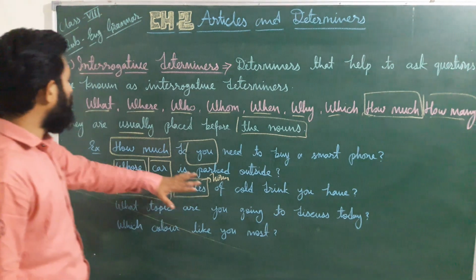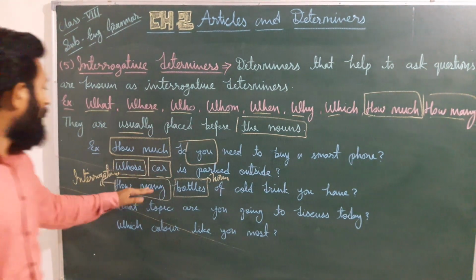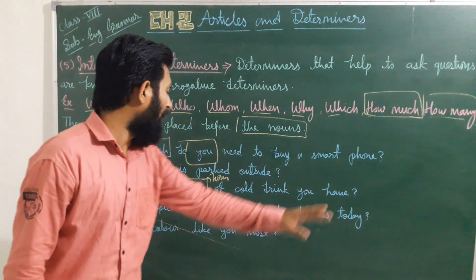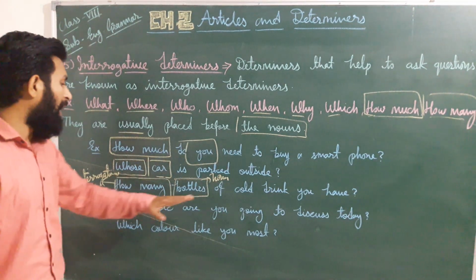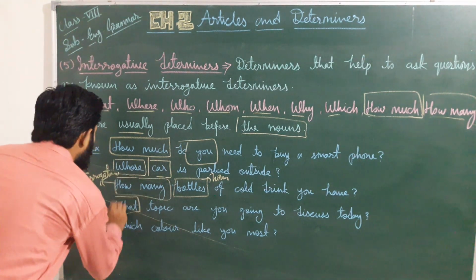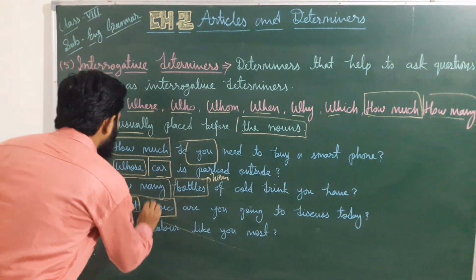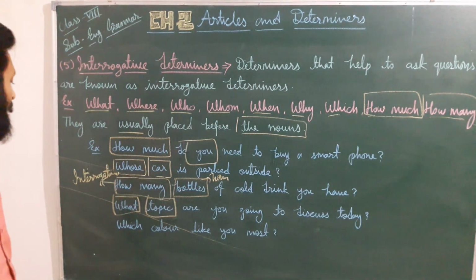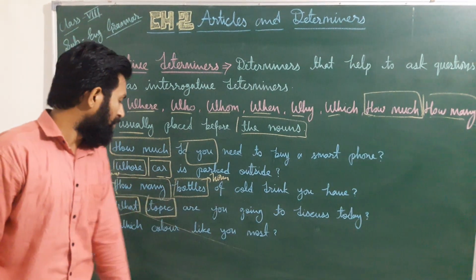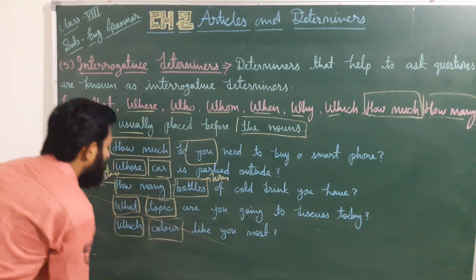So it is proved that we have to use interrogative words before a noun. How many bottles of cold drink do you have? What topic are you going to discuss today? This is your interrogative word or WH word, whatever you like to say, and this is your noun. And in the next sentence, which color do you like most, this is your WH word or interrogative word, and this is your noun.